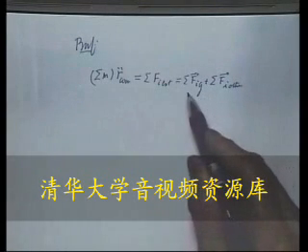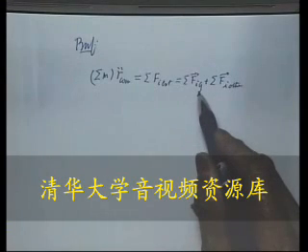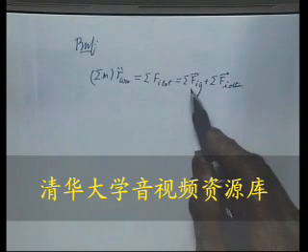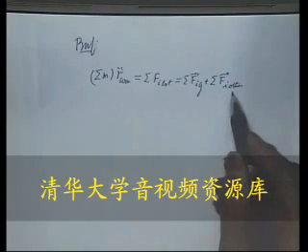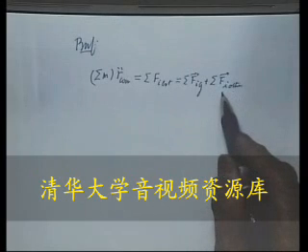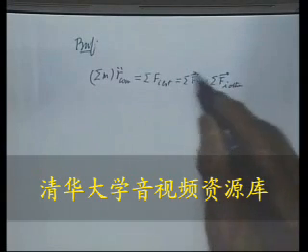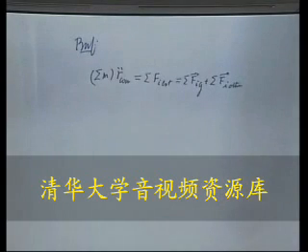So I separated and wrote this. This is the gravitational force on the ith particle. This is all the other forces on the ith particle. So I separate the gravitational force from the non-gravitational force.